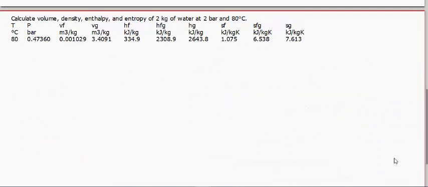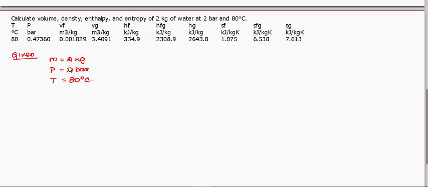This is the second problem. Calculate the volume, density, enthalpy and entropy of 2 kg of water at 2 bar and 80 pressure. Here the dryness fraction value is not given, so you have to consider it as dry saturation condition steam. Our given data: mass m equal to 2 kg, pressure 2 bar, and temperature 80 degrees Celsius.